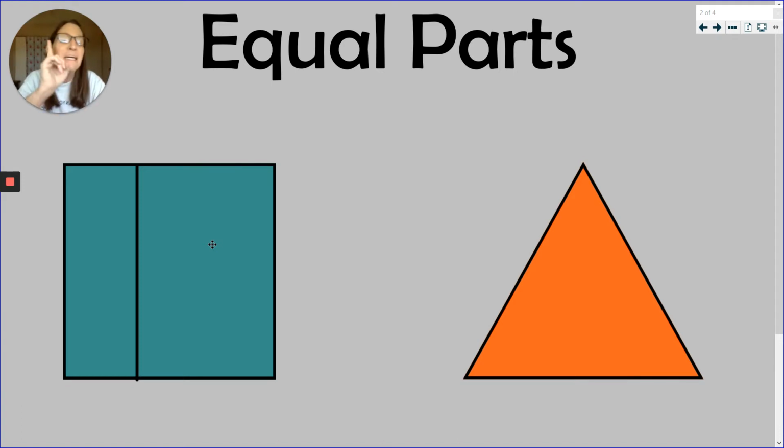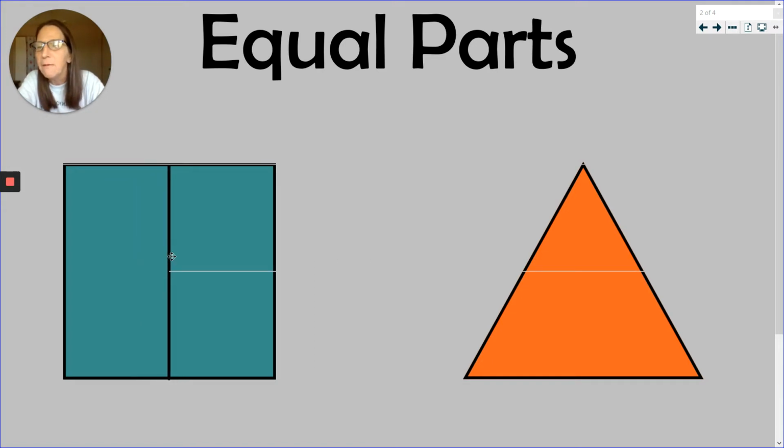I need to make equal parts. Let me move this over. How about if I put it right about, ooh, look, I got a line that helps me. There. Now do I have equal parts? Yes, because to be equal, remember what I told you?